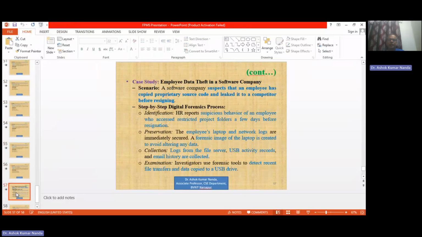A forensic image of the laptop is created to avoid altering any data. Collection: logs from the file server, USB activity records, and email history are collected. Examination: investigators use forensic tools to detect the recent file transfer and data copy to a USB drive.